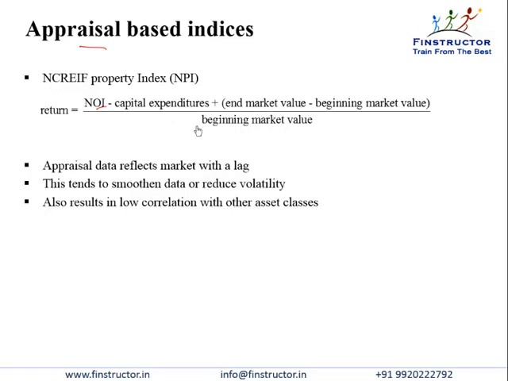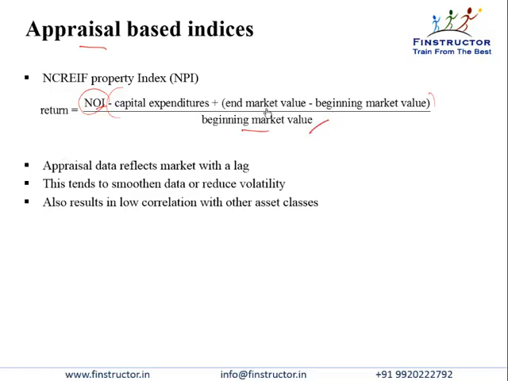So this is, so to say, the dividend from the real estate. The remaining part is the capital appreciation, but the capital appreciation comes with some investment, so that has to be knocked off, divided by the beginning market value. We'll understand with an example. It's the same as the return on a stock, that is dividends plus ending value minus beginning value upon beginning value. Please try to remember this formula.